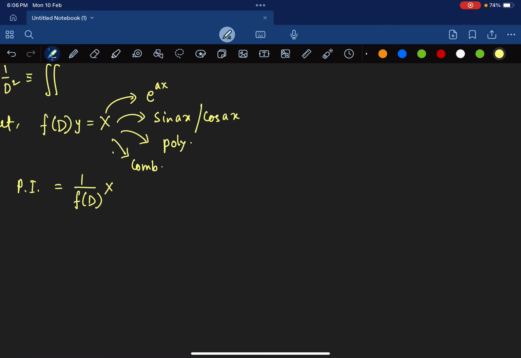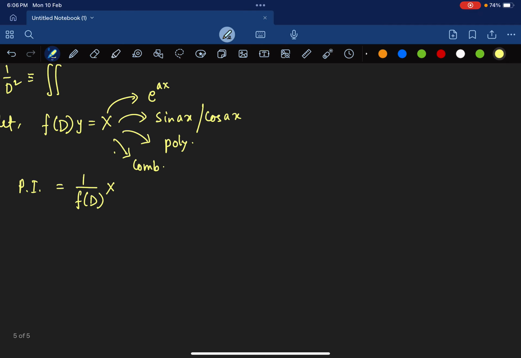That is the particular integral. All right, now see here, the general method of getting the particular integral.